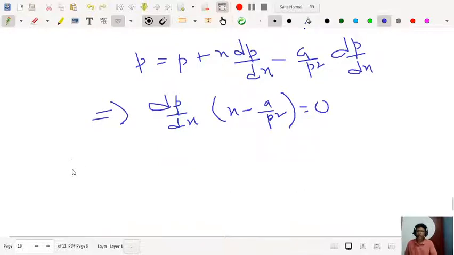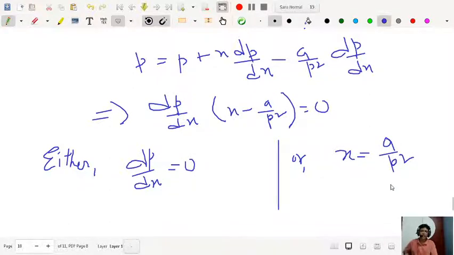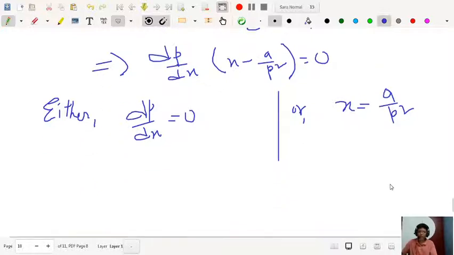Okay. So after that, there are two factors, either dp dx equal to 0 or x equal to a by p square.